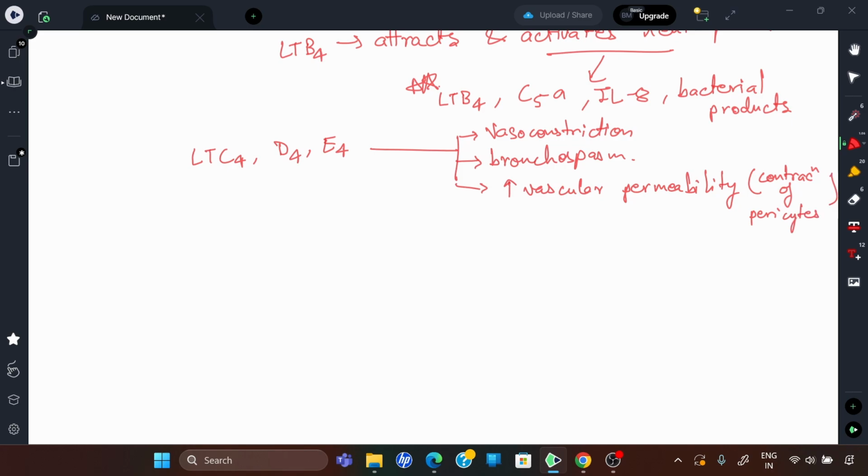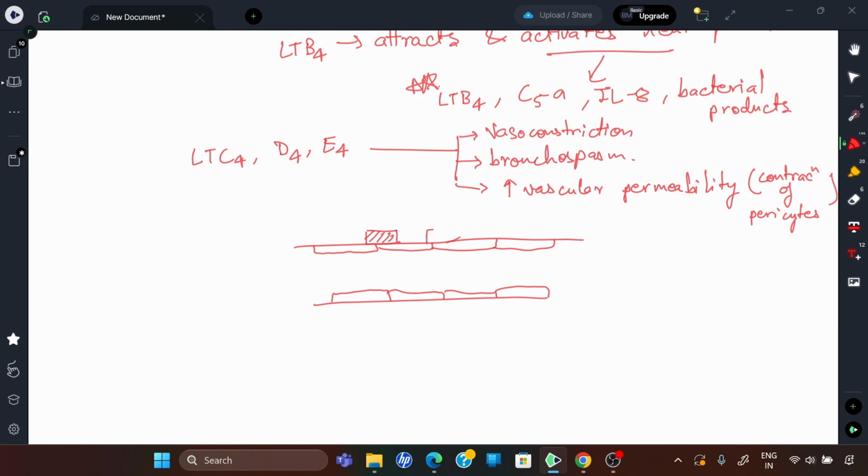So let's say this is your blood vessel and these are your endothelial cells here, right? And here also you have these endothelial cells. Let's avoid drawing the nucleus for some time. And you have a cell called a pericyte present here, right?